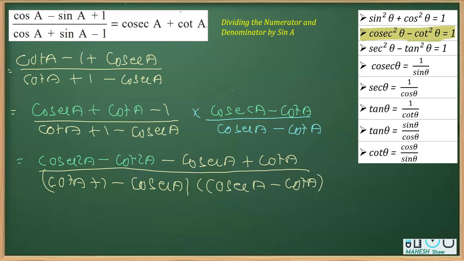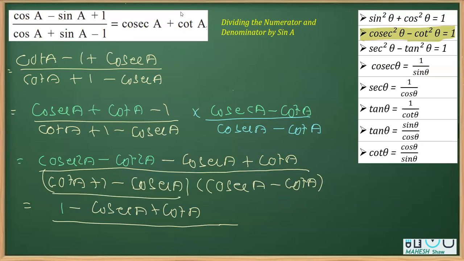Now, as I said, we can write this cosec square A minus cot square A as 1, so I'll replace this with 1. So what I'm going to get here is 1 minus cosec A plus cot A, and the denominator copied as usual. I'm just rewriting this in the same order we have in the numerator.